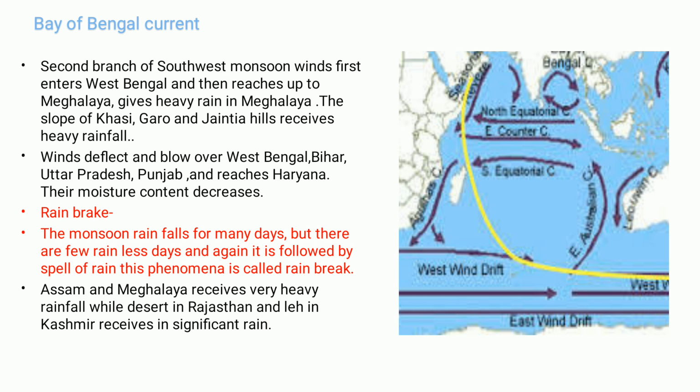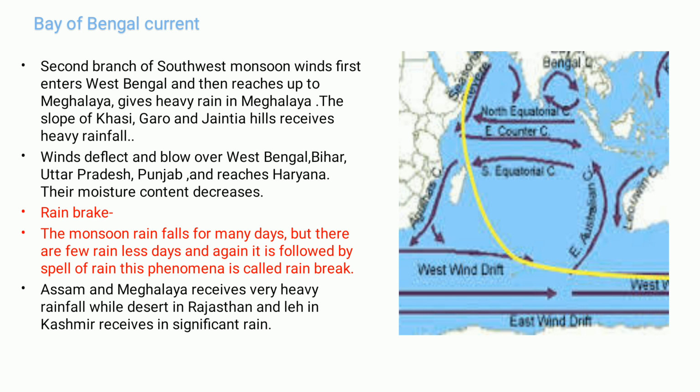India receives rain through monsoon winds, but these winds do not blow throughout the year and from the same direction. They change their direction as we have seen. As the air pressure changes, the direction of wind also changes. The onset of these winds is also irregular.